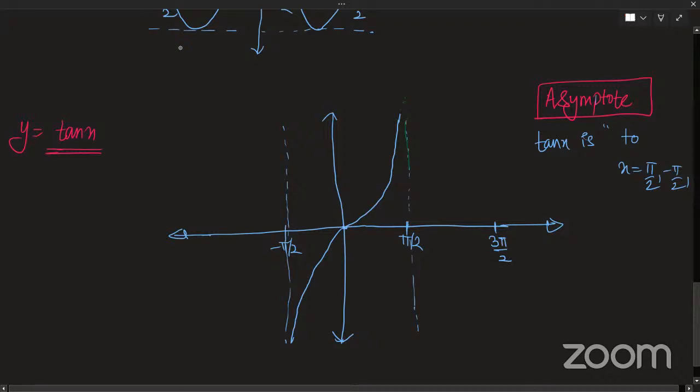Just a second. This is 0, this is pi. So from here it will start. 3 pi by 2 is how much? This is 0, this is pi by 2, this is 3 pi by 2, right? So at 3 pi by 2, 270 degrees, my sign is minus.